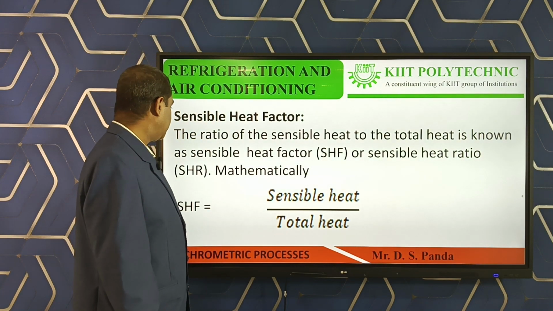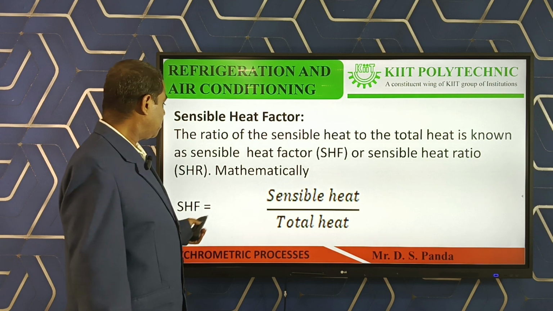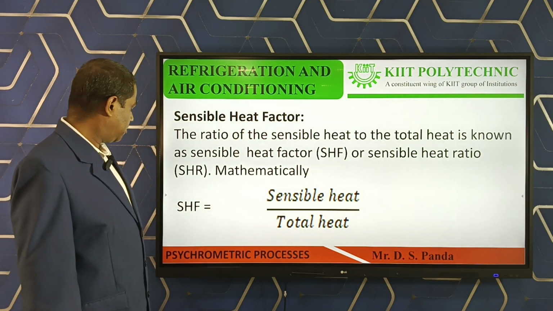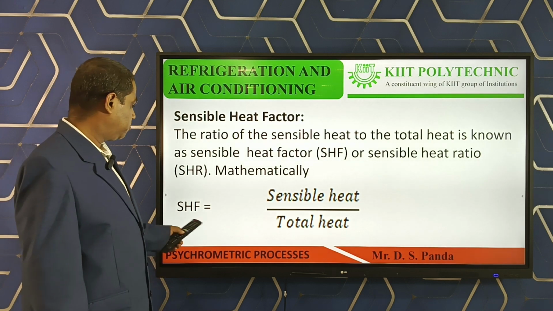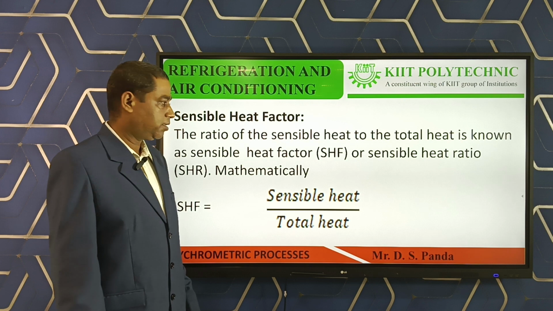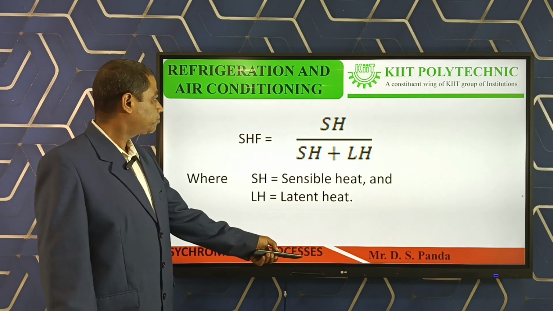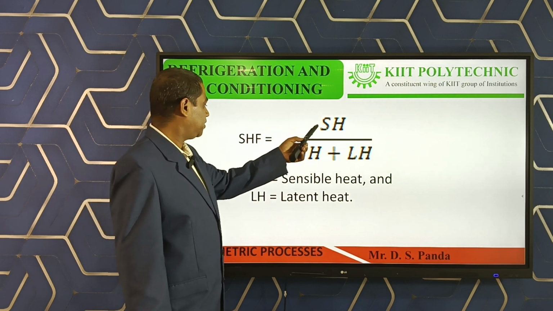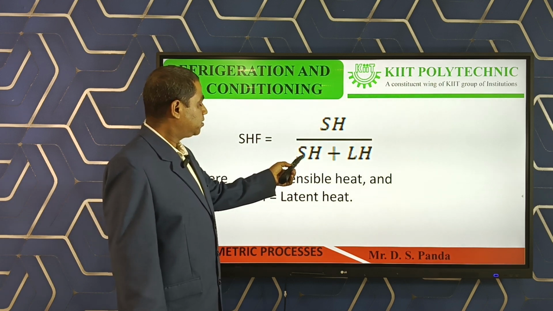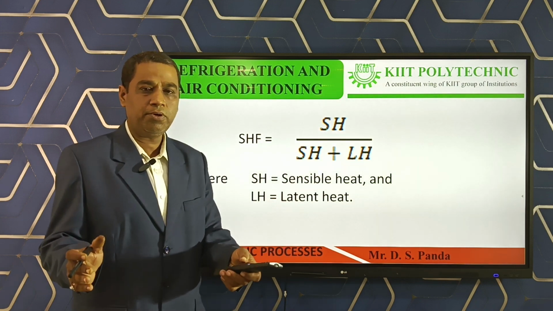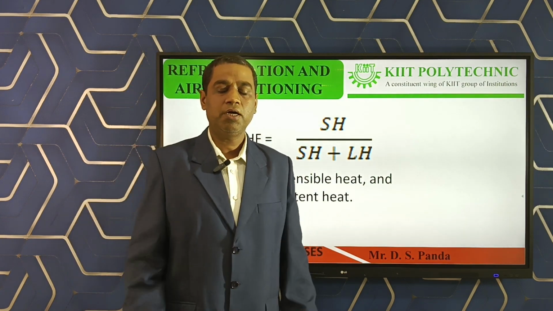Mathematically, it is represented symbolically as SHF, sensible heat factor, equal to sensible heat divided by total heat. So again, it is SH divided by sensible heat plus latent heat. The total heat is the sum of sensible heat plus latent heat.